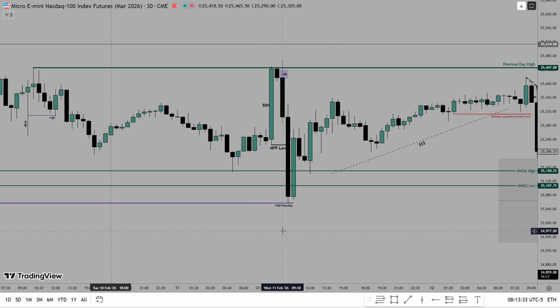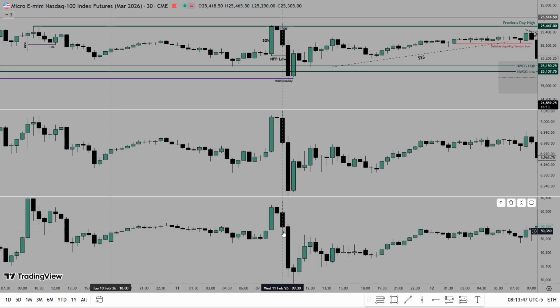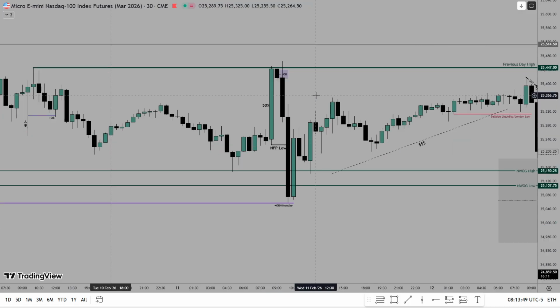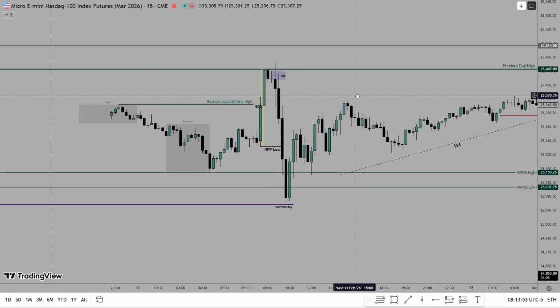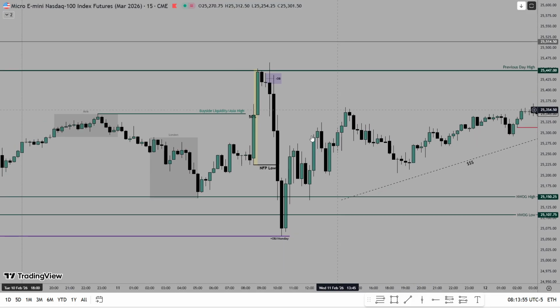This all happened at an algorithmic time, 9:30. This is the opening time of the New York Exchange equity opening. So on the 15 minute chart, I mark this range. This is the NIFTY low and high.